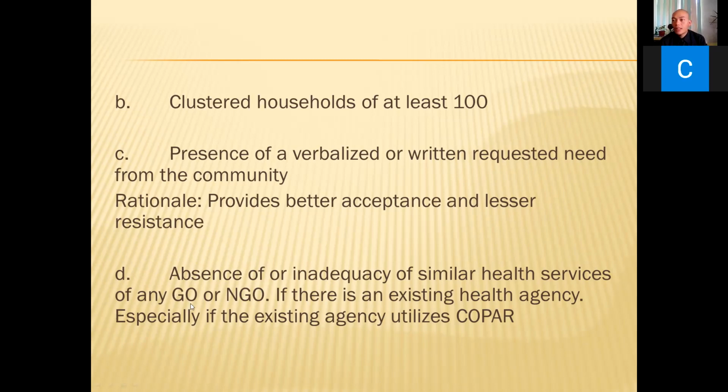So yung first sentence muna: we choose that community if it has an absence or inadequacy of similar health services, like when we were in Mankayan. In Mankayan, there are only one or two barangay health clinics that take care of the different sitios. Talagang kulang sila. So what happened was when we were there, there were at least 4 groups going to different sitios to give health services.